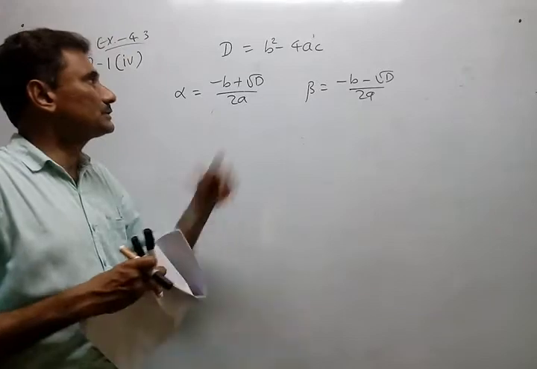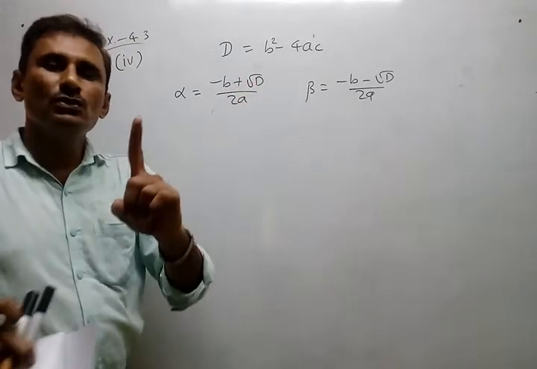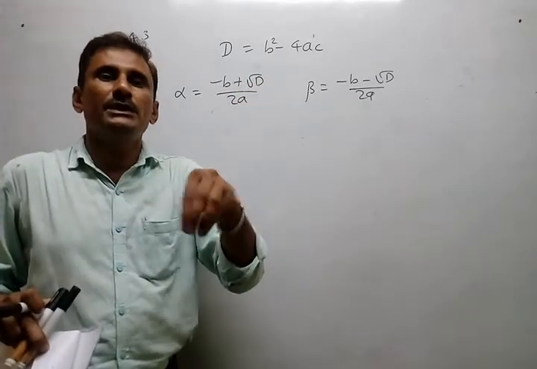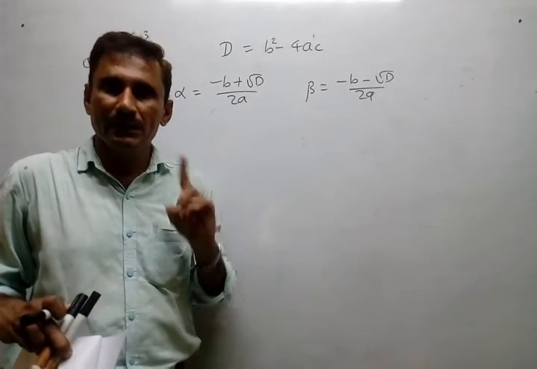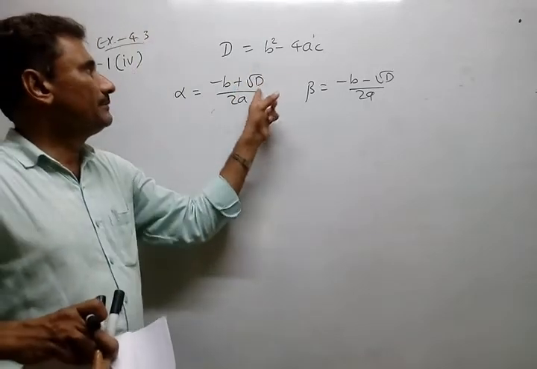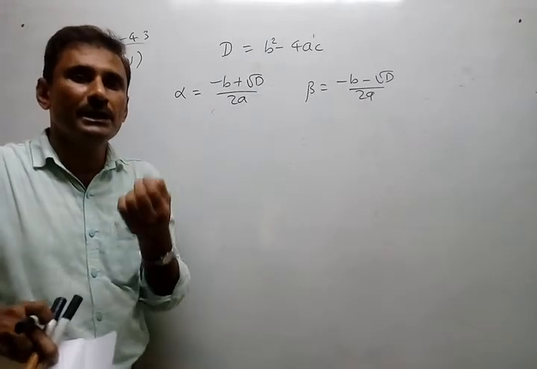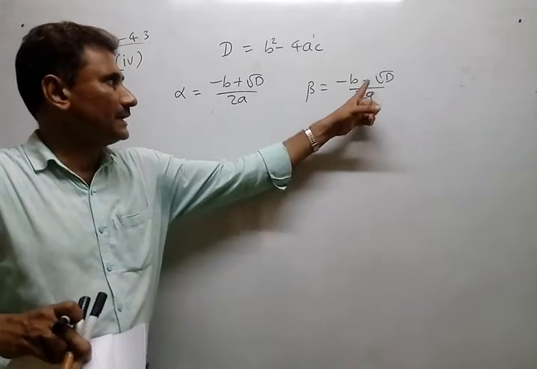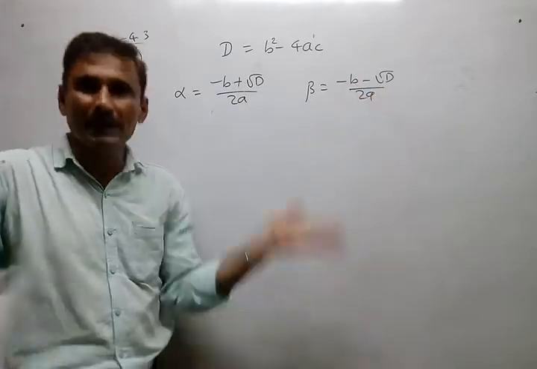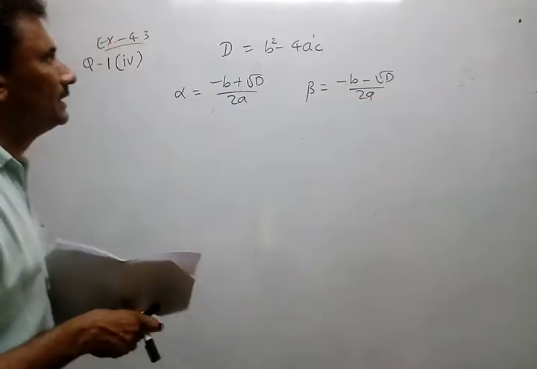So now in place of root D, you have to put only the numerical value, not the sign, because the sign is already discussed separately. Okay?